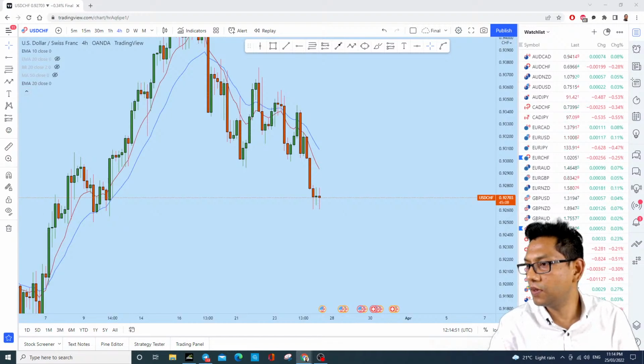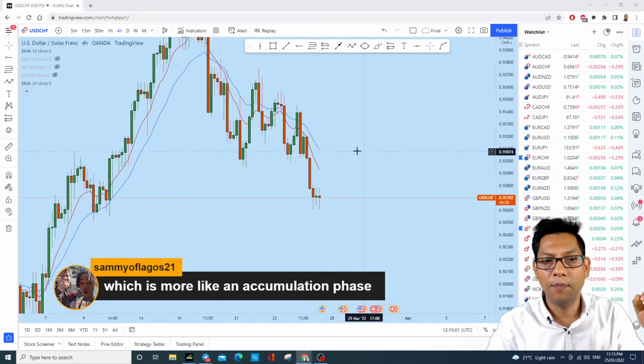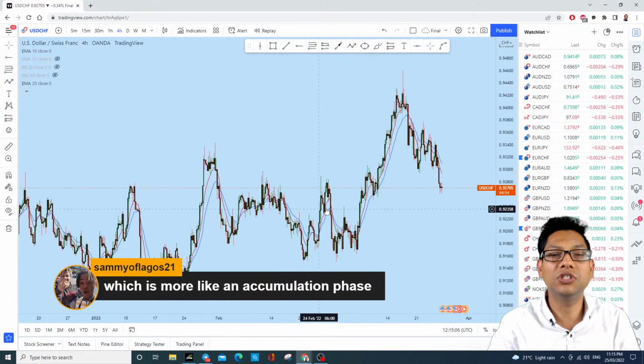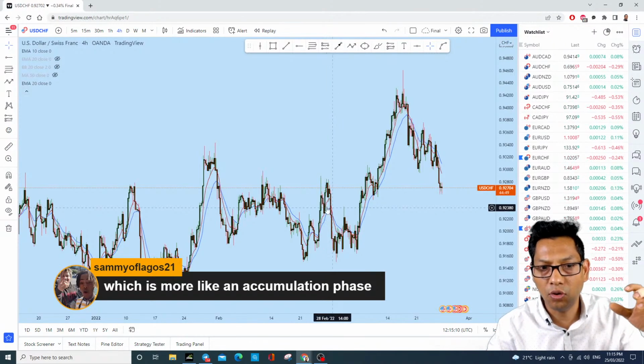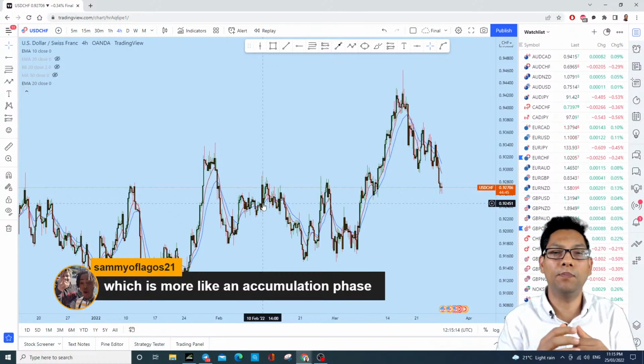So which is more like an accumulation phase. Okay, so accumulation and distribution, I will do a separate video on it. Accumulation is when the big boys accumulate position.